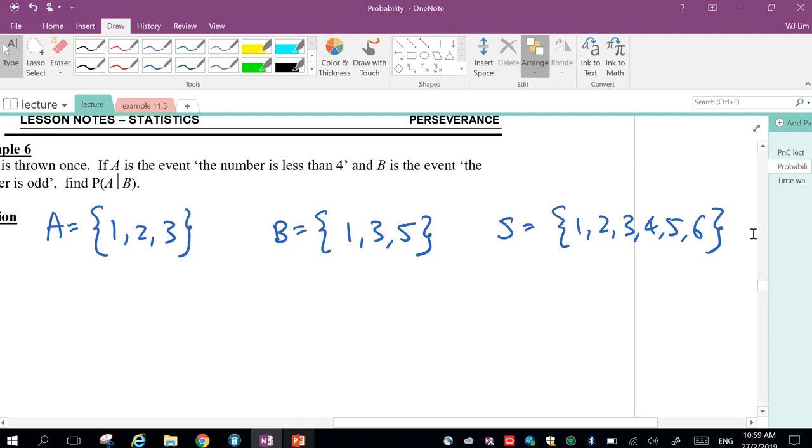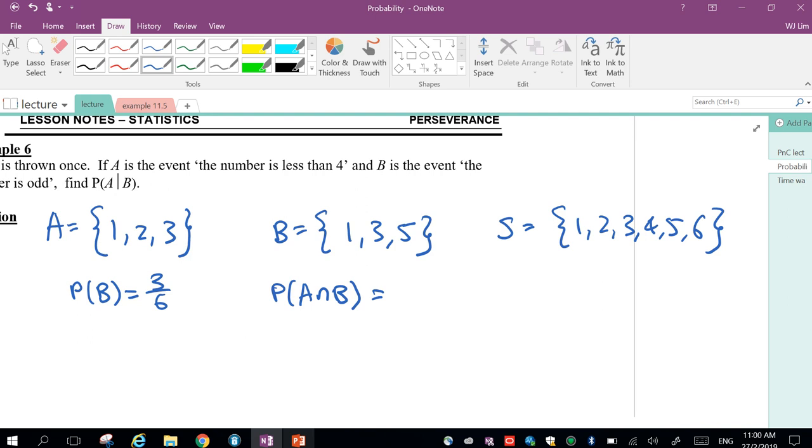So, how do I solve it? First thing first, the probability of B. There are 3 outcomes out of a possible 6, so 3 divided by 6. Probability A intersect B: which outcomes are common in A and B? 1 and 3.